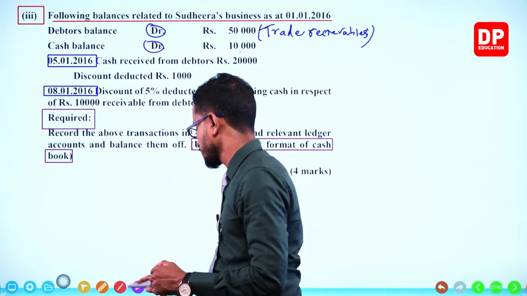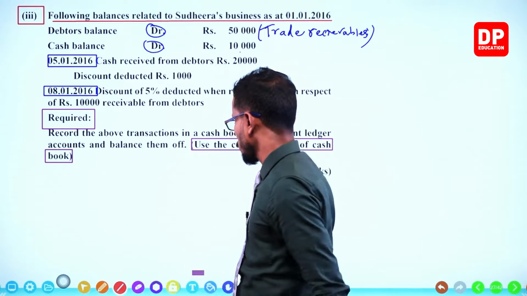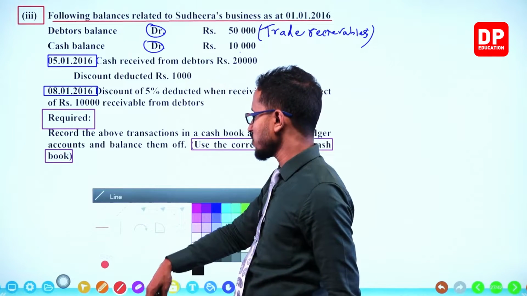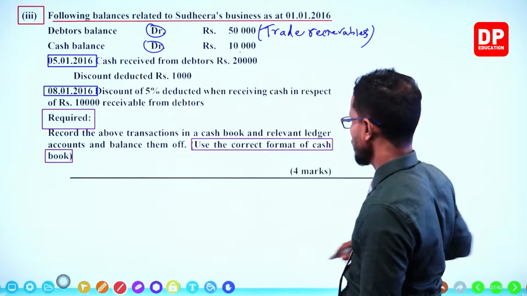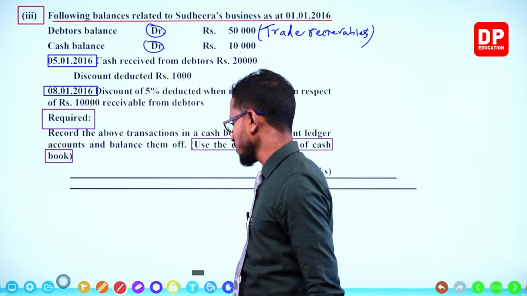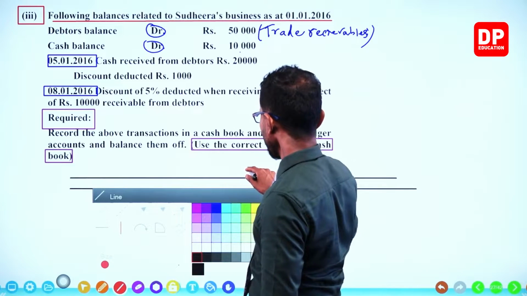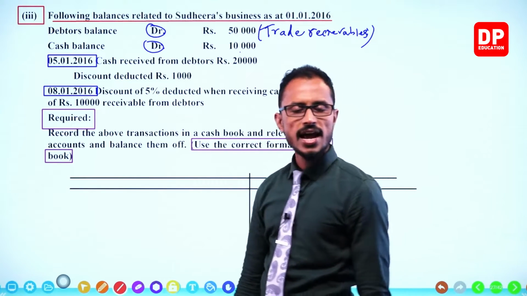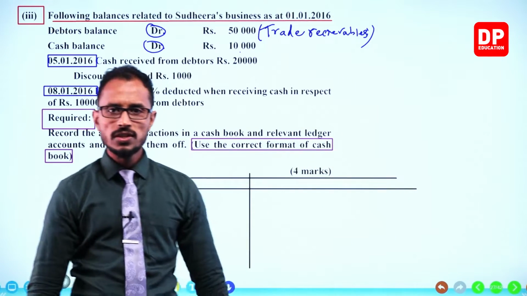Okay? There we go. Let's draw the cash book. The correct format is required. What I do is, when drawing the cash book, I first draw the T format.